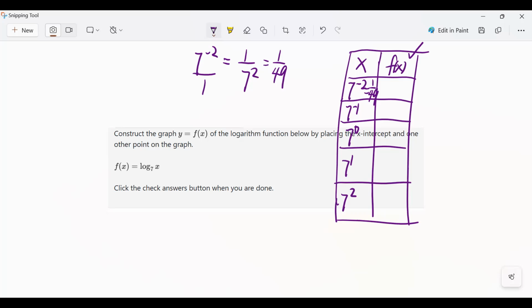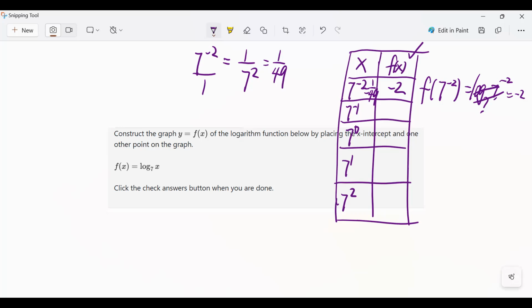And the y value, f of 7 to the negative second power, is going to be log base 7 of 7 to the negative 2. The base and the exponent are inverses of each other, so they offset each other, and negative 2 goes in the front. So the answer is going to be negative 2.